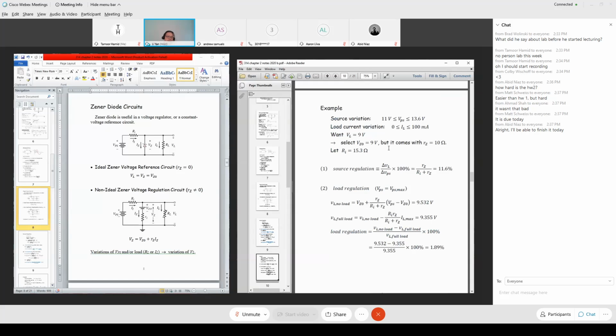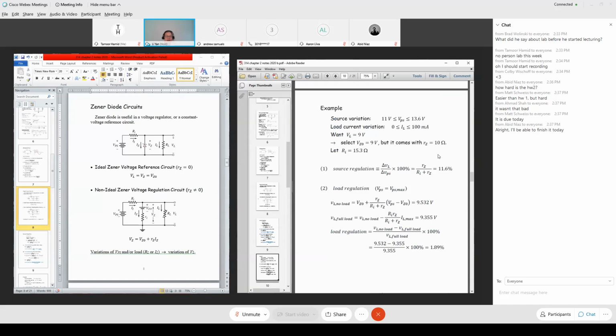However, what I'm claiming is, even if we select a Zener diode with breakdown voltage of 9 volts, unfortunately the real Zener diode comes with a Zener resistance, let's say, for example, equal to 10 ohms. 10 ohms is a pretty small resistance, and from a circuitry perspective we almost think that's trivial, almost nothing.